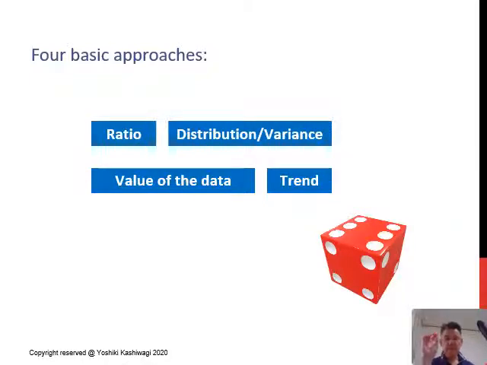If you roll a dice a couple of times, you get the result as a data set. The first question is, once you get the data set, how are you going to show or summarize or describe the data set?